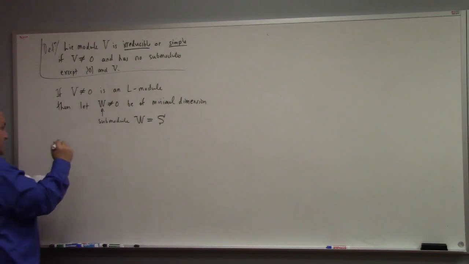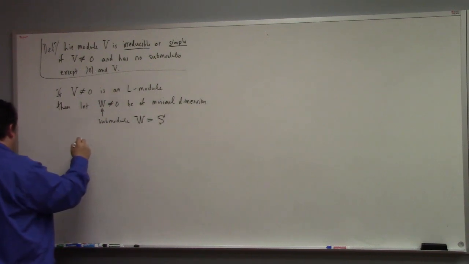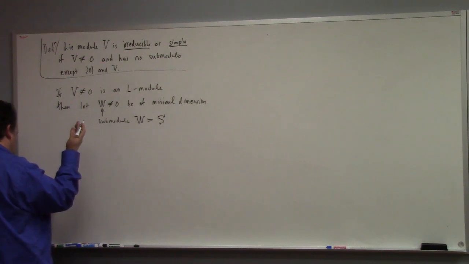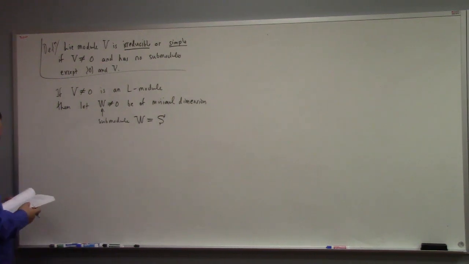So he says the quotient module V mod S will itself have an irreducible module S prime, and so on.